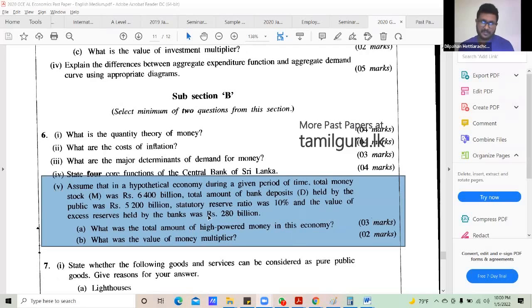So this time, do you expect a banking system question or a single bank question? It's like this. In 2017-18, they continued with the single bank question. In the new syllabus in 2019, they started with a single bank question, and in 2020, this is a banking system question, right?